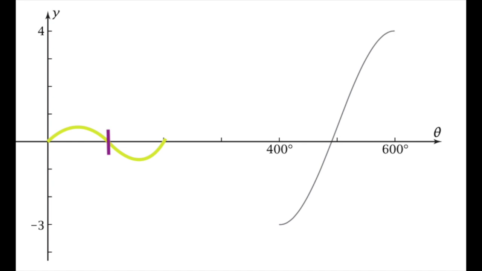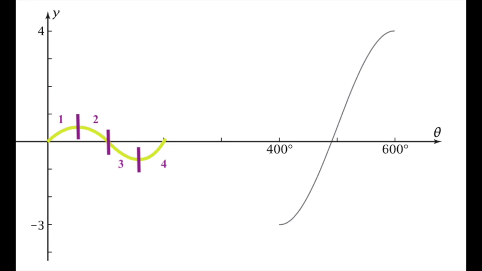When you cut a sinusoidal curve in half, what you get is enough information to go ahead and finish the curve. Not only that, but you can cut the curve into quarters. You've got 1, 2, 3, 4 pieces, and each one of those pieces is actually a transformation of the other. 1 and 2 are a reflection across the vertical line there. 2 and 3 are a rotation of each other, 180-degree rotation symmetry.